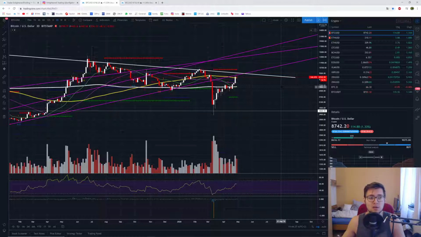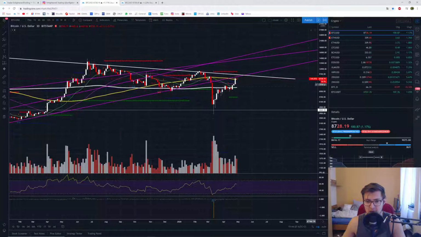I do think it would be wise to average in on this correction. I very much would. I mean, I'm not going to advise, of course, but I do think it would be wise to average in on this correction. So yeah, I mean, scale in, buy the dip. I do think that's the thing to do currently.